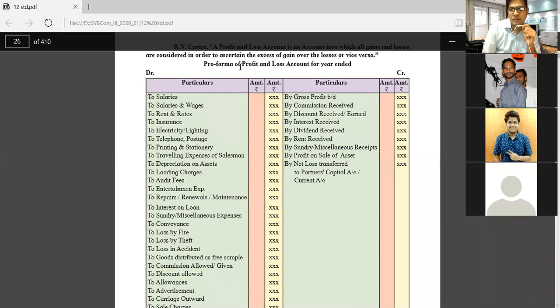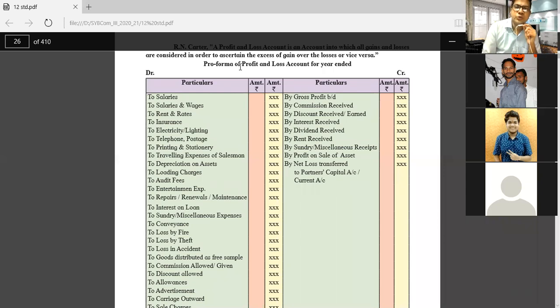Sometimes fire occurred and whole goods destroyed. The insurance company provides a certain amount of claim which is not sufficient, whatever loss occurred by fire, sometimes by thief or loss in accident. Such expenses we have to put in the profit and loss account debit side.